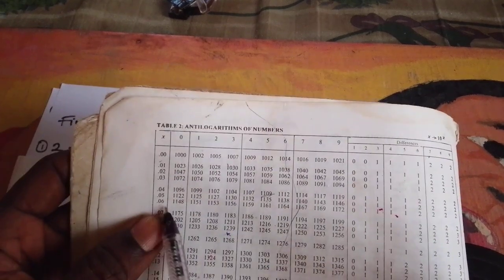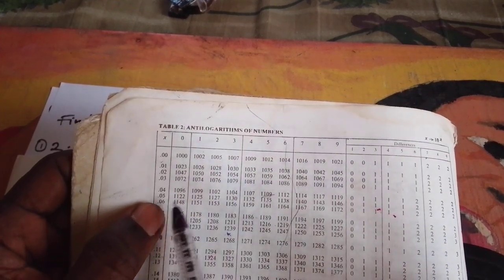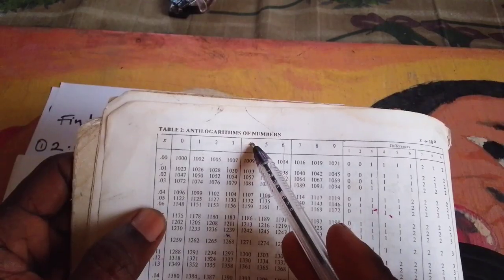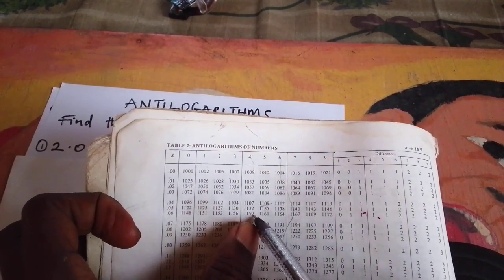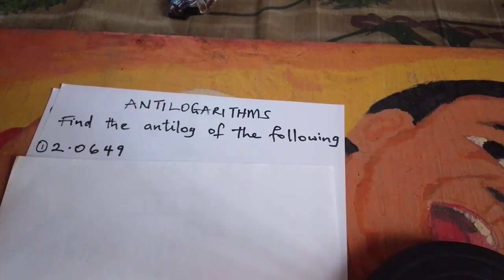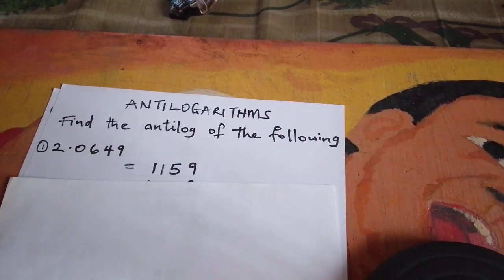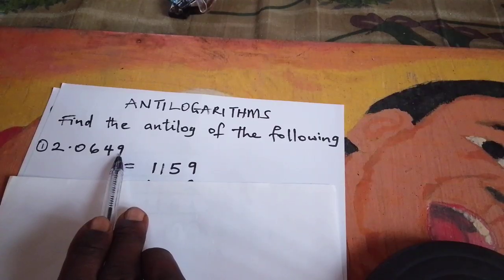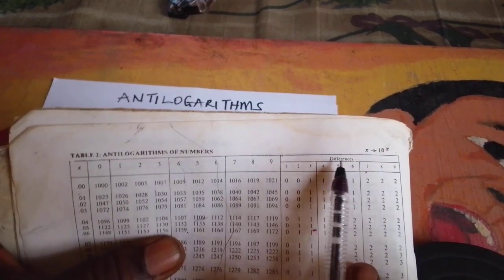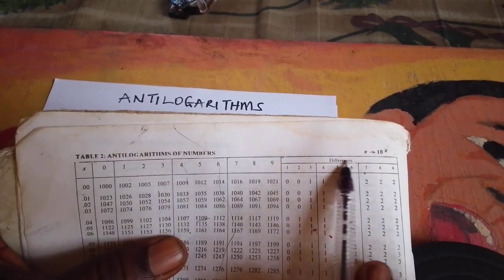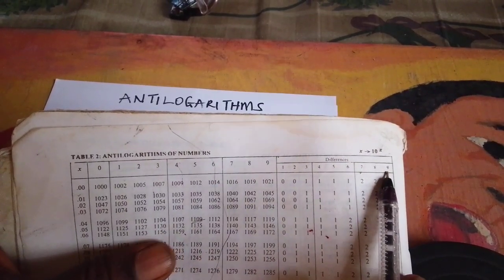So this is 0.6 here. Then under this is 4. So where do 0.06 and 4 meet? The number there is 1159. So you write down 1159. Then the difference of 9. You come to where the differences are. This difference is 9.